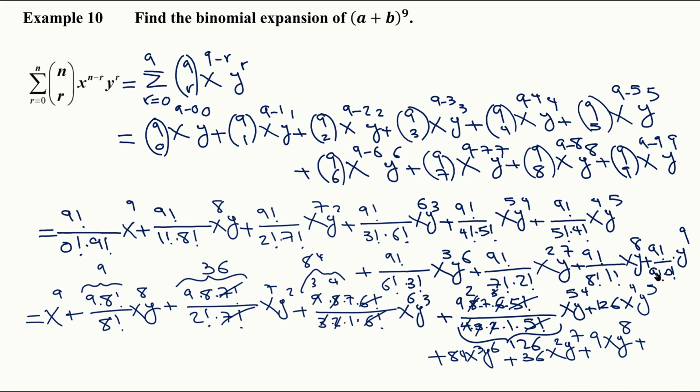That's just 9 factorial over 9 factorial, which is 1, so y to the 9. That's it. So we just clean it up and we're done.